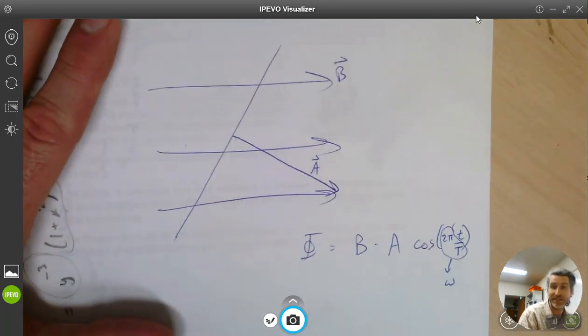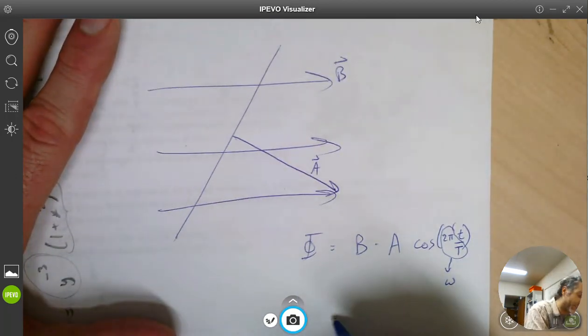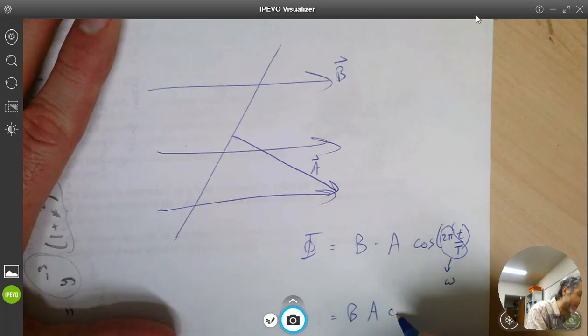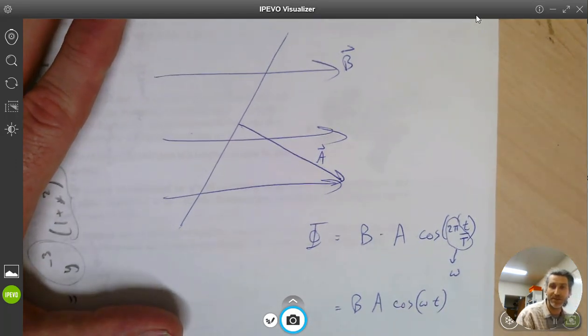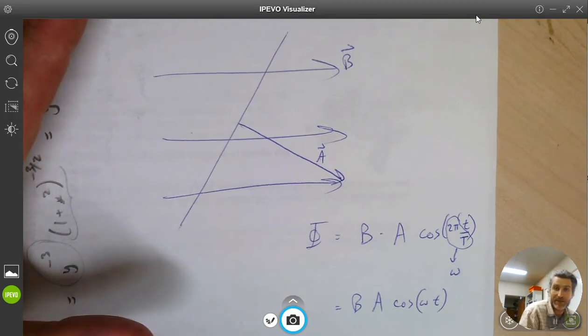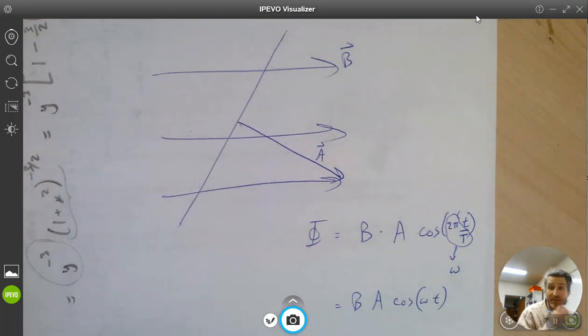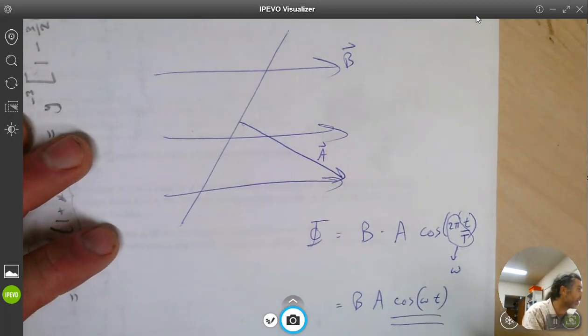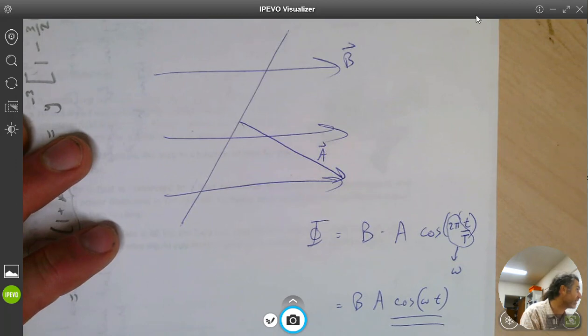It's just a convenience factor. It's basically saying that I can rewrite this as B times A times the cosine of omega t. Hopefully that helps dispel some of the mystery of why it's written like that with this omega. We'll see another thing similar, but in space, when we start talking about waves. But I wanted to mention that here, this cosine of omega t.